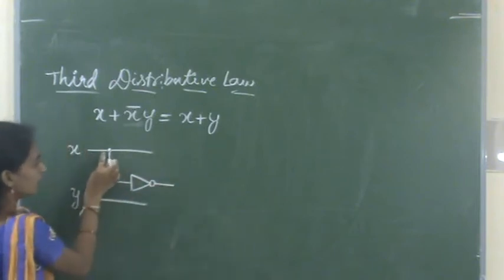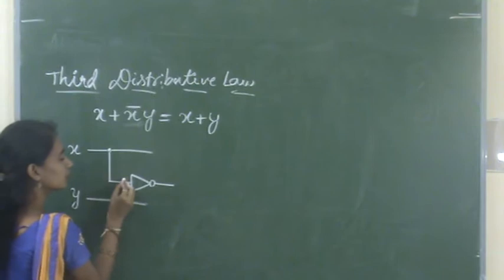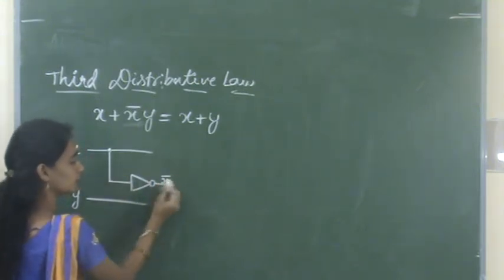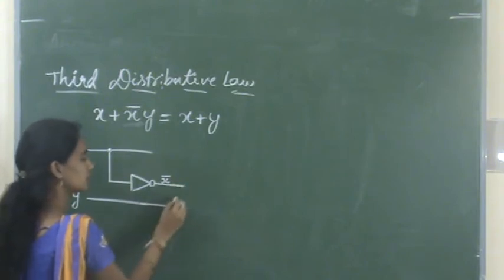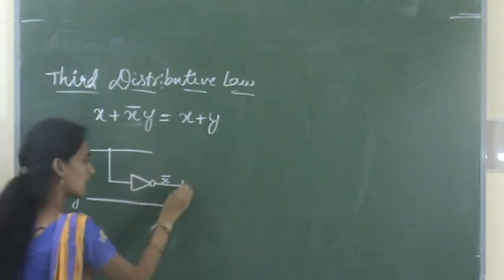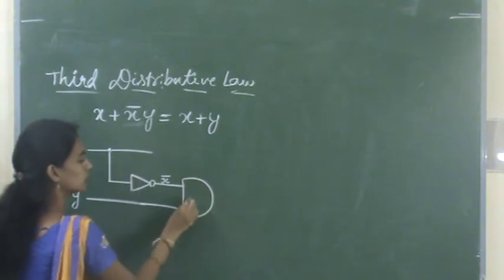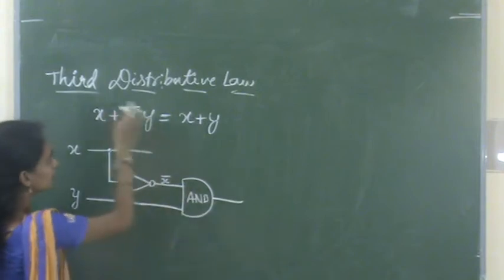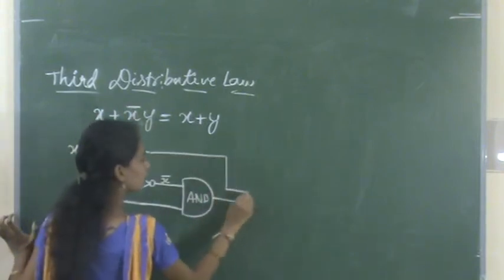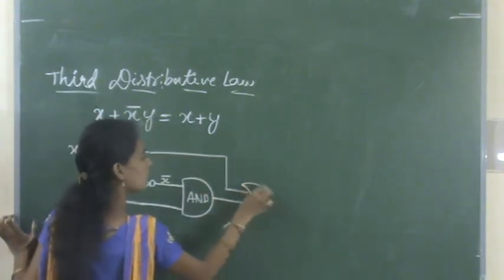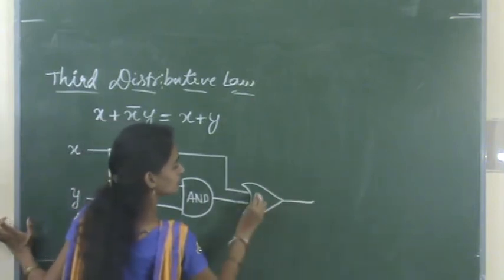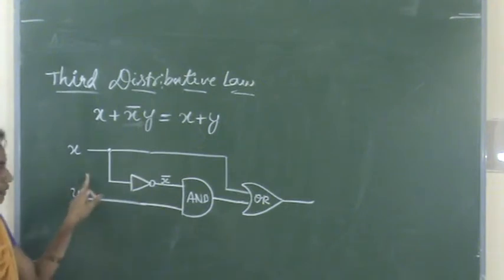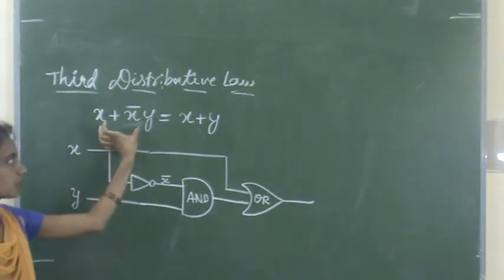So if I am providing x here, the result will be x bar. Okay. So for this I need to perform AND gate. Right. So the result will be performing OR operation with the x. Right. So this is the circuit diagram for the LHS part.